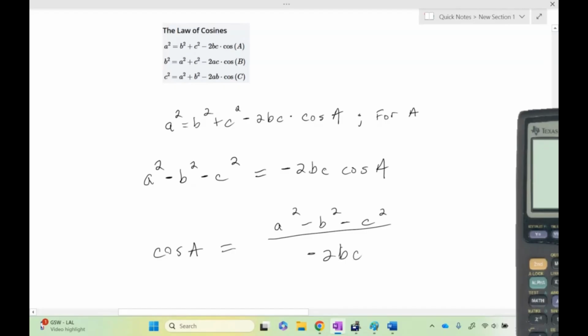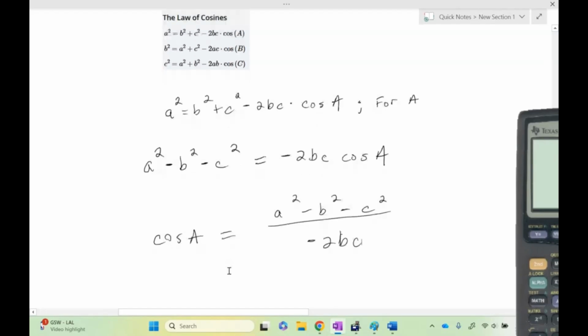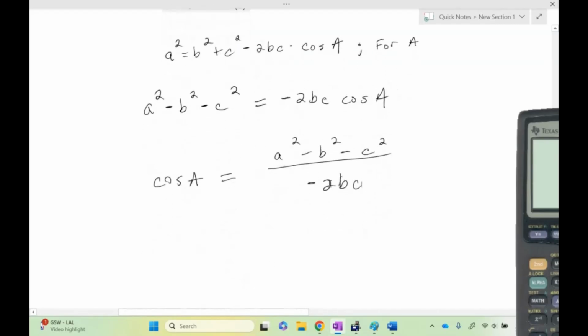I'm sorry, so I divided both sides by negative 2bc. And then the denominator is made positive, and then it's just a play on these signs. So, for example, a positive times a negative makes that entire number negative.